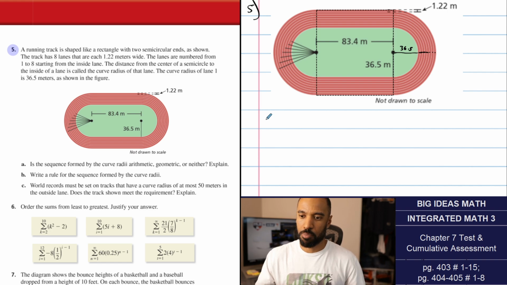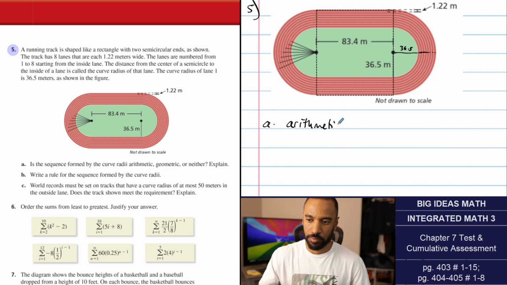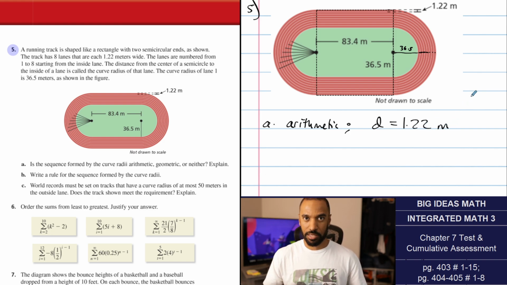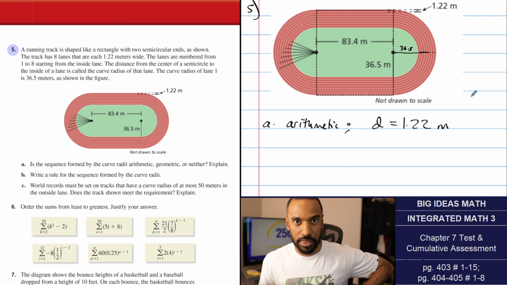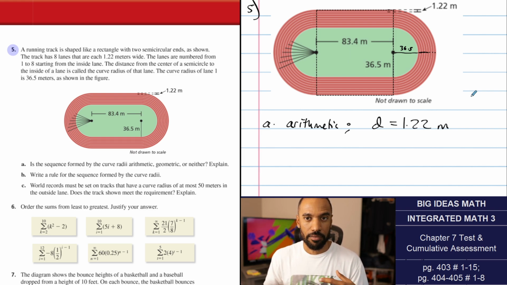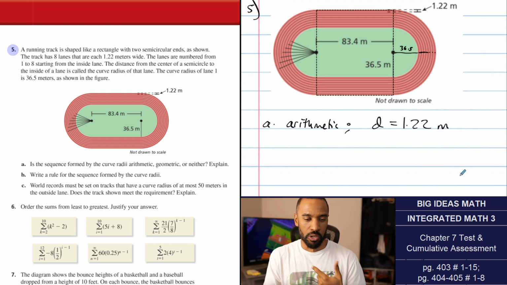So it should be arithmetic for part A. The common difference is 1.22 from one curve radius to the other, given that they are just a lane's width apart, even though the first term isn't 1.22. You add 1.22 to the next ones.